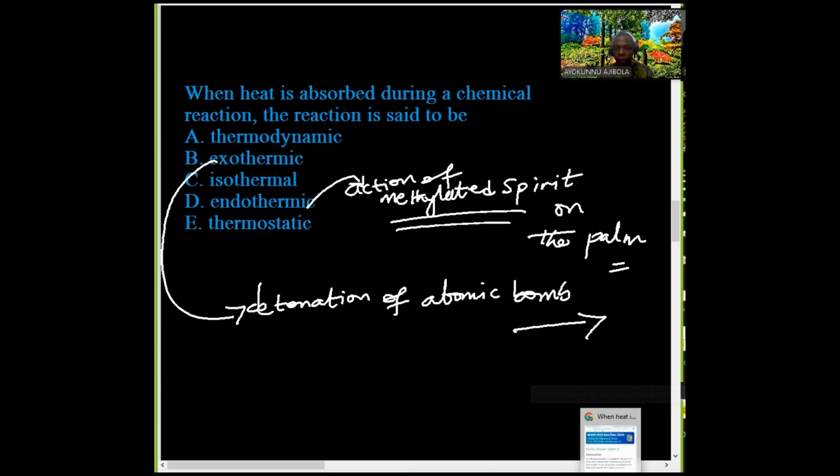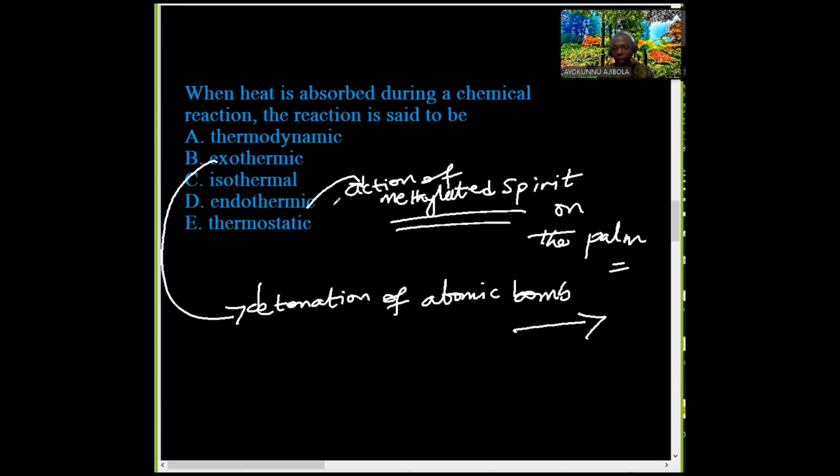Number one, we were talking about chemical bonding, and about energy absorbed or given out, right? So we said when heat is absorbed during a chemical reaction, the reaction is said to be endothermic.